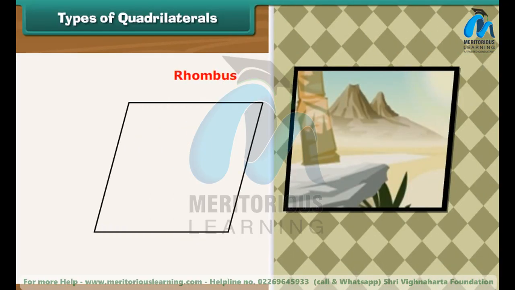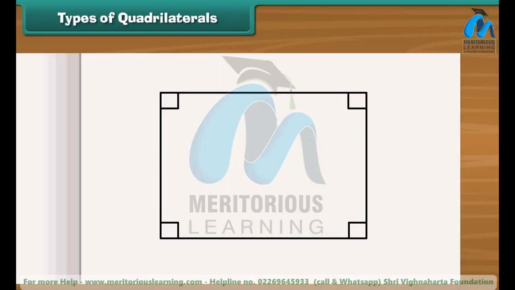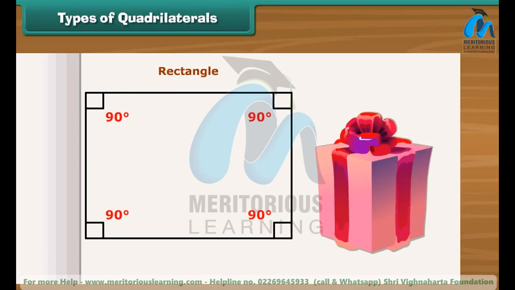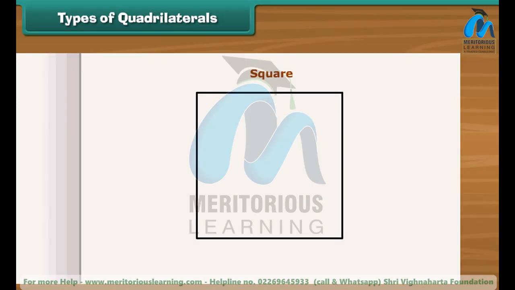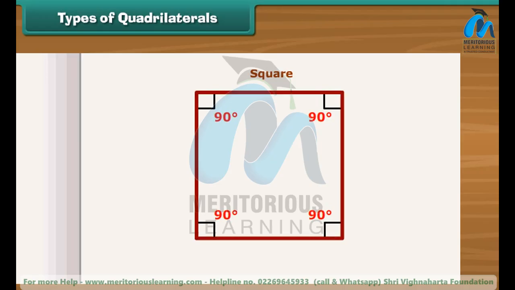This is a rhombus. A parallelogram in which all angles are right angles, that is 90 degrees, is called a rectangle. For example, this gift pack is a rectangle. A square is a parallelogram in which all angles are right angles and all sides have same length.